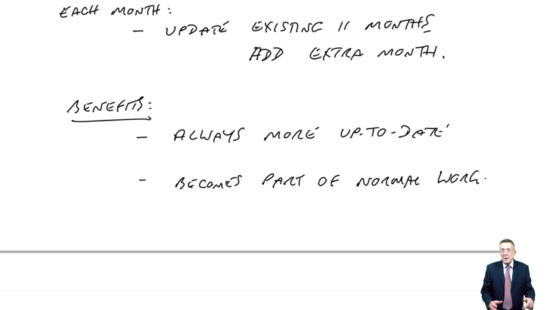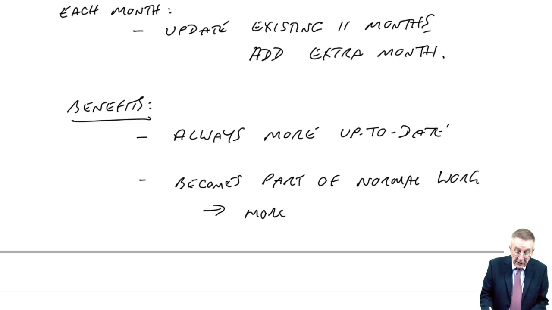There's less work to do because it's the updating and adding a month. And of course, you don't forget how to do it. You know what you're looking for every month. And because of this, it tends to lead to better budgets. Accuracy is the wrong word, I beg your pardon. Budgets are never accurate.